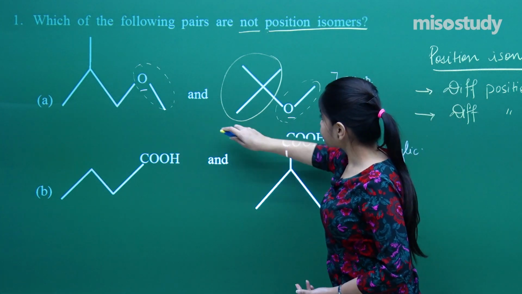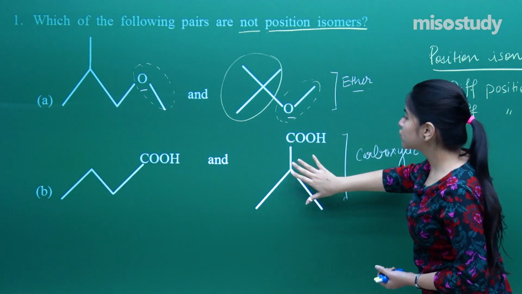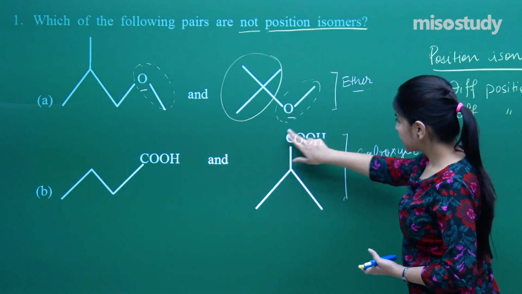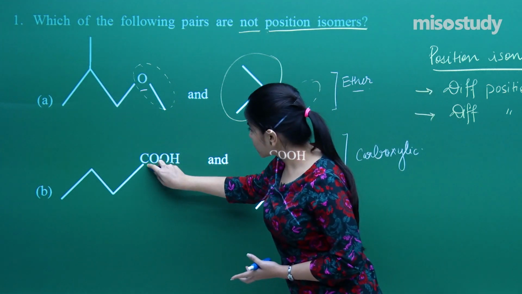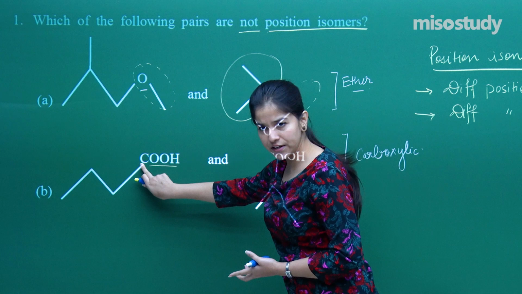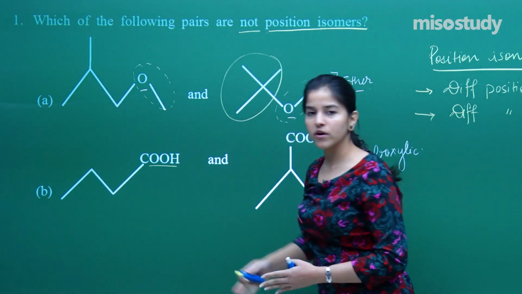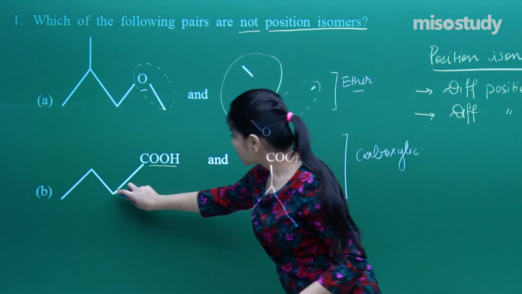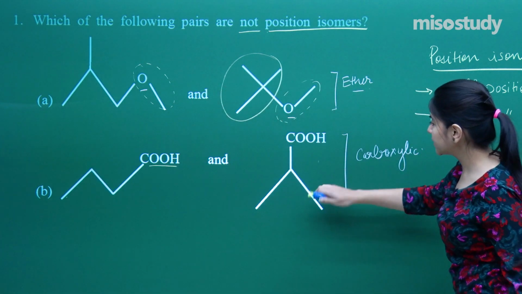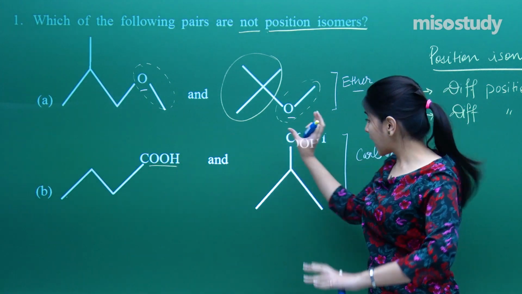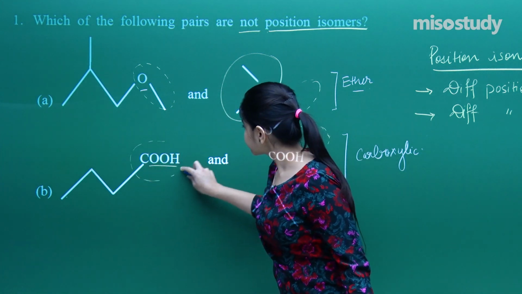That means it is not the position isomer, but a chain isomer. Now, if I move on to this part, COOH, earlier the COOH was on the very first carbon, but the rest of the chain was n-propane. Now the structure has changed and even the position of this functional group has changed.